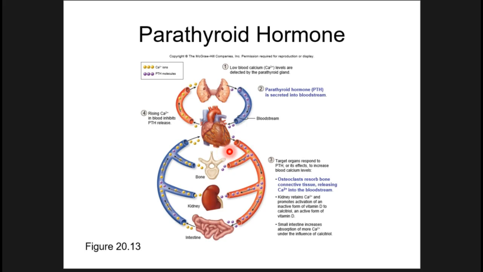Yes? If you have osteoporosis, would one of the mechanisms of any sort of medication be to act as an antagonist of parathyroid? Yes, this will be a target for medications, absolutely, for osteoporosis.